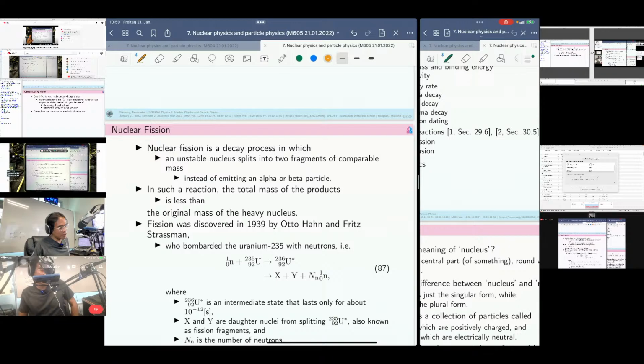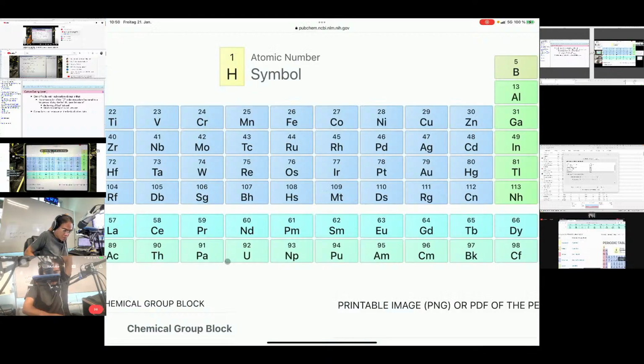Let's take a look at the periodic table. Uranium, 92. Uranium is over here. It's a big element, as you know. Apart from this, we could have other elements, but they are not stable.